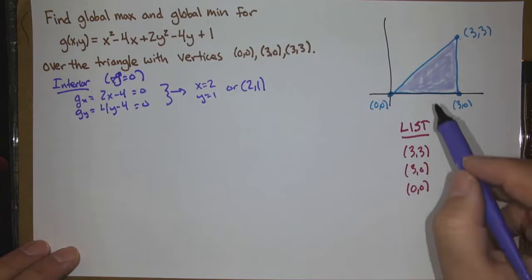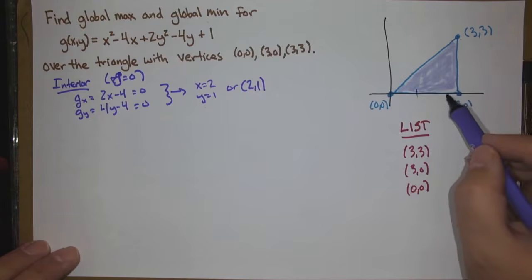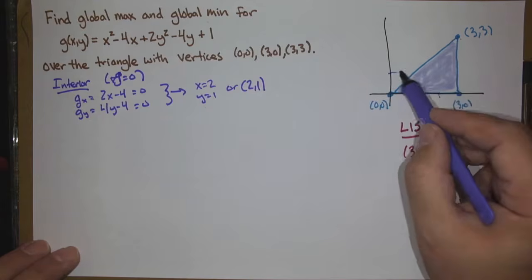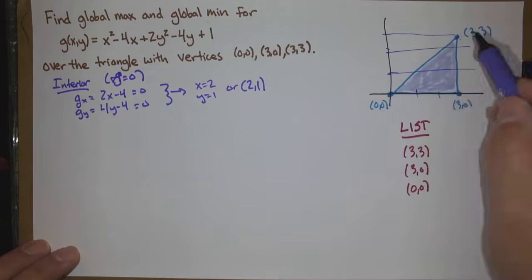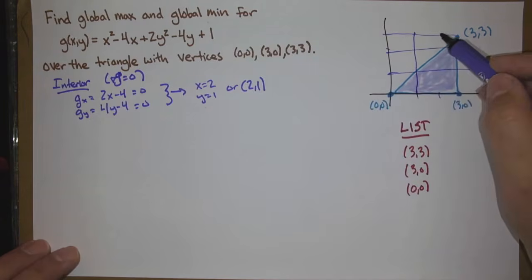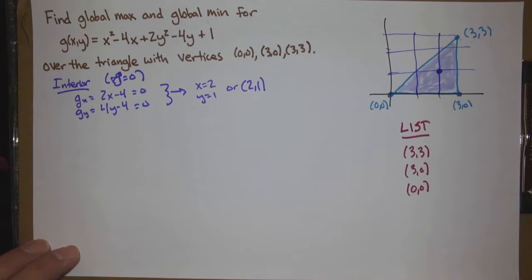Now, before we add it to the list, we should do a quick little scan. If we mark off here, say we're being extra careful, we'd want to check, is 2, 1 in our domain? Yes. So it makes our list.